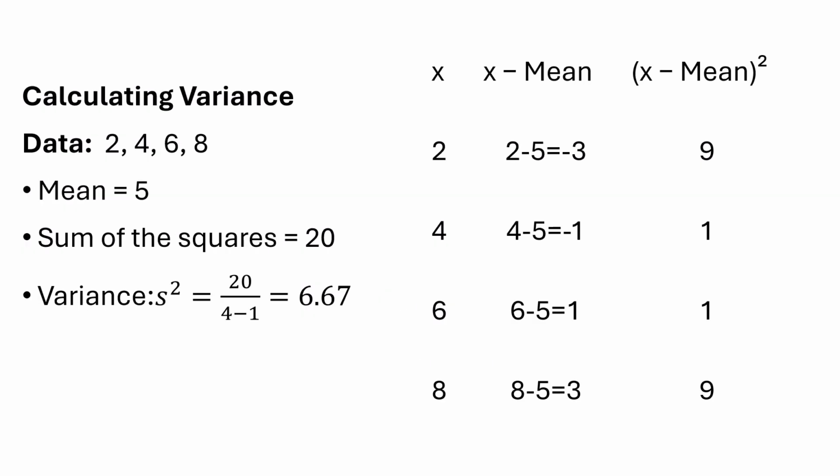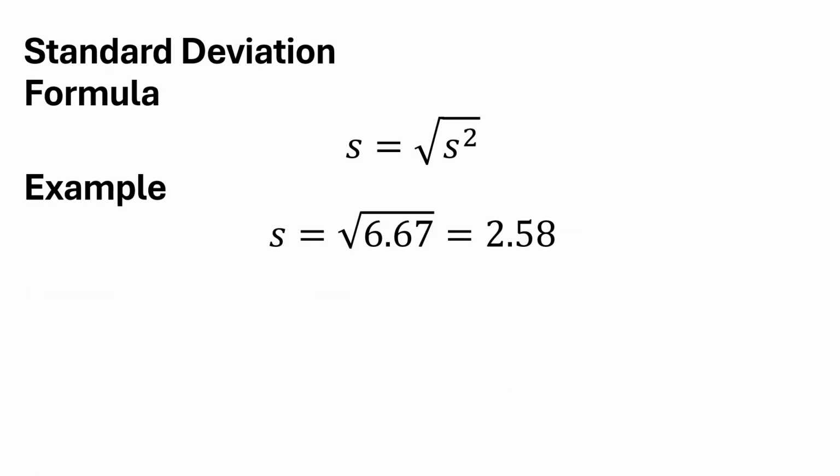Variance is expressed in squared units. Standard deviation is the square root of variance and is the most commonly used measure of variation.